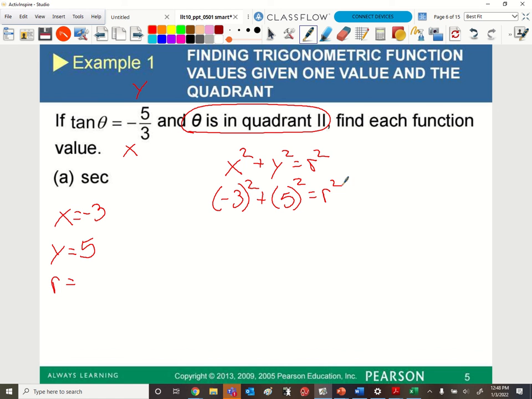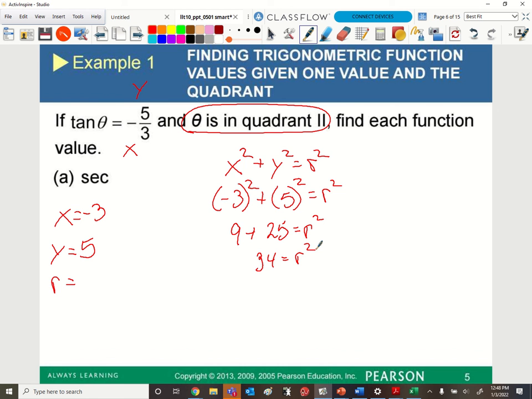And when I square a negative, it's going to make that one positive. So this is going to give me negative 3 squared, so that's negative 3 times negative 3 is positive 9, plus 5 squared is equal to r squared. Combine those together, I get 34 is equal to r squared.